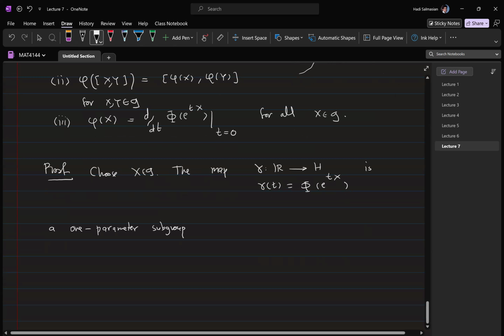Which means it's continuous, and primarily we have to verify this. But that's a consequence of the fact that gamma, like phi, is a group homomorphism.